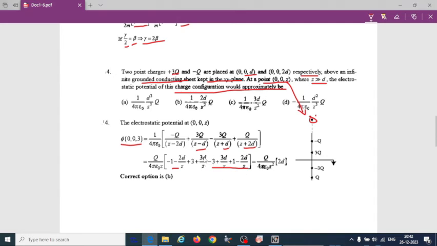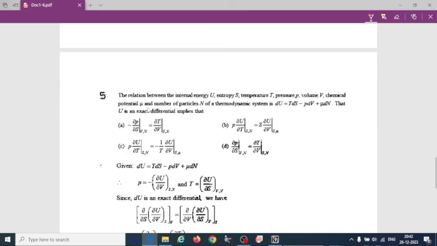After equating the terms inside the bracket, we will get here 2d. That is what q divided by 4 pi epsilon naught z square into 2d. That is the potential at the given point 0, 0 comma z. So option B is correct here.